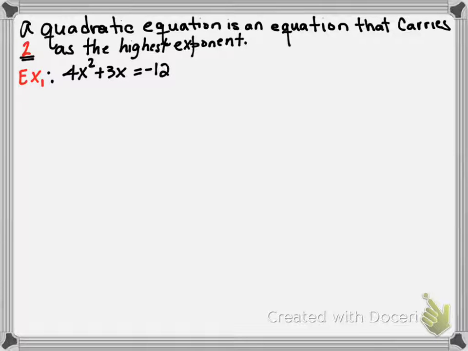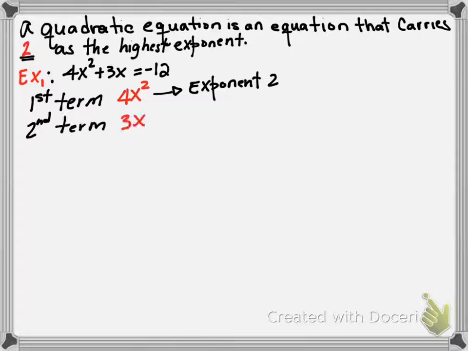This is an equation. 4x squared plus 3x equals negative 12. Now, let's look at each term separately. The first term we have is 4x squared. The exponent is 2. The second term we have is 3x. The exponent is 1.